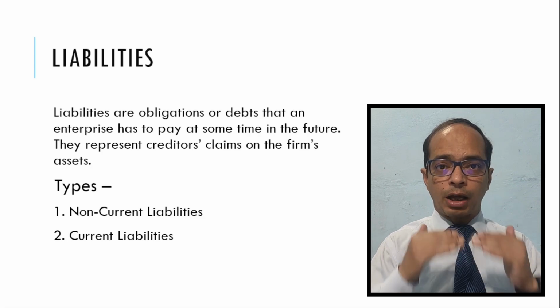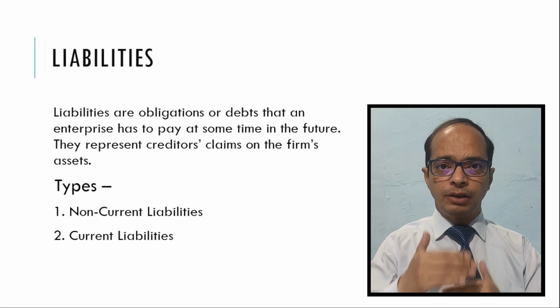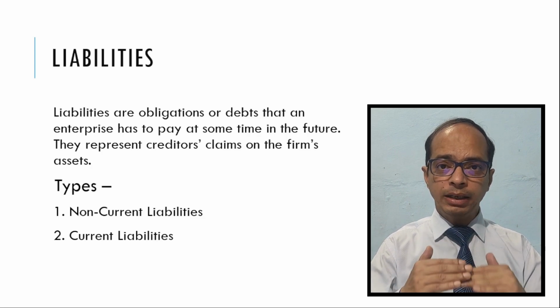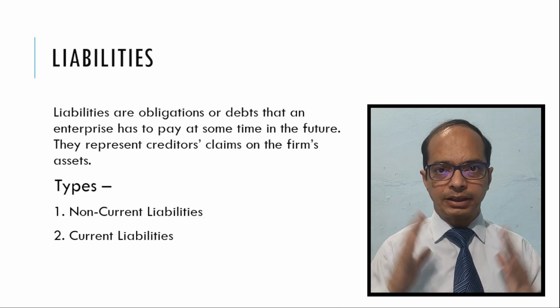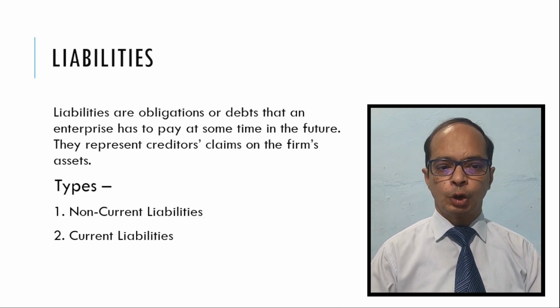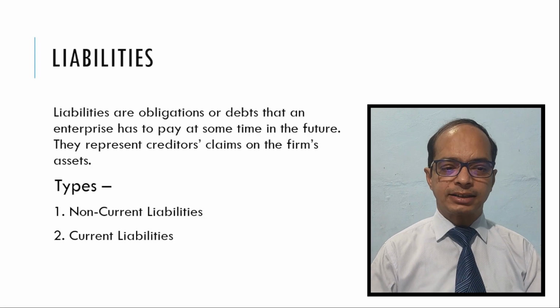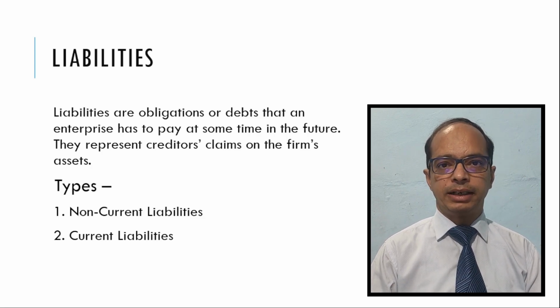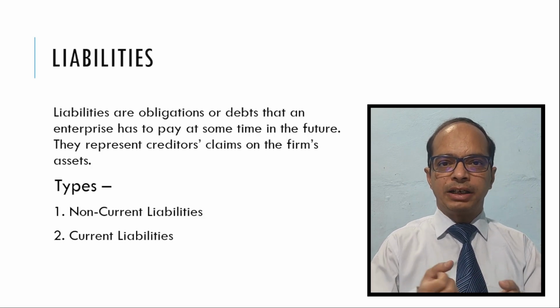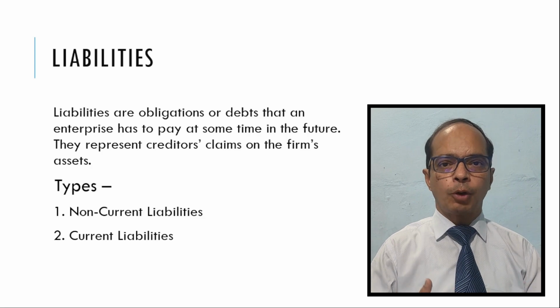Means the firm has to pay back that amount in future, including interest accrued on these types of liabilities. So liabilities are the obligations or debts taken by an enterprise and payable in future. Definitely we are taking loans in the form of cash.